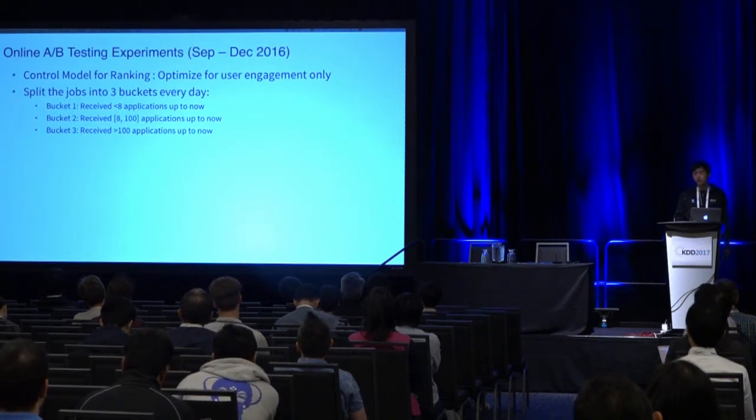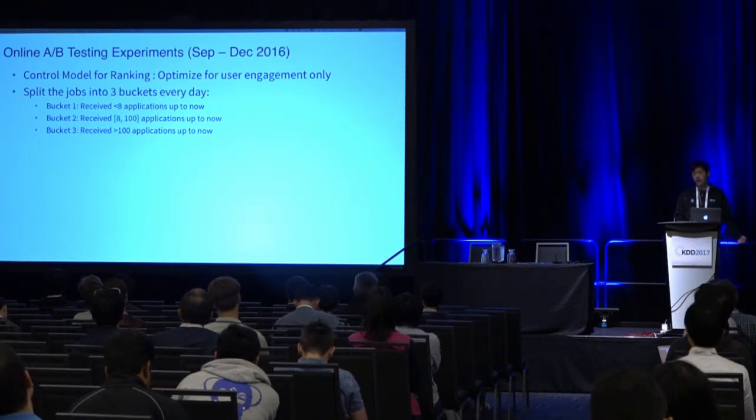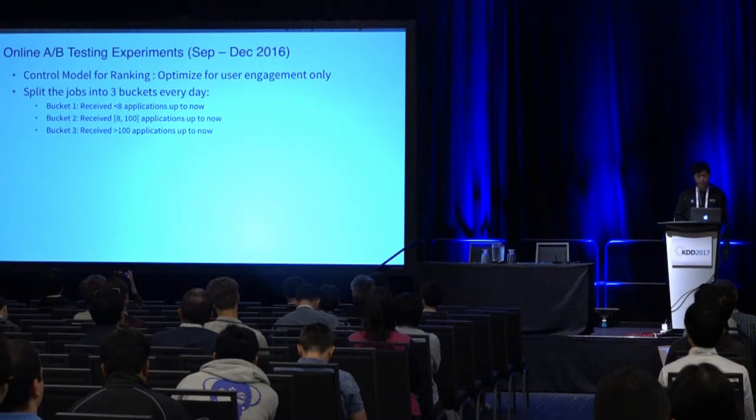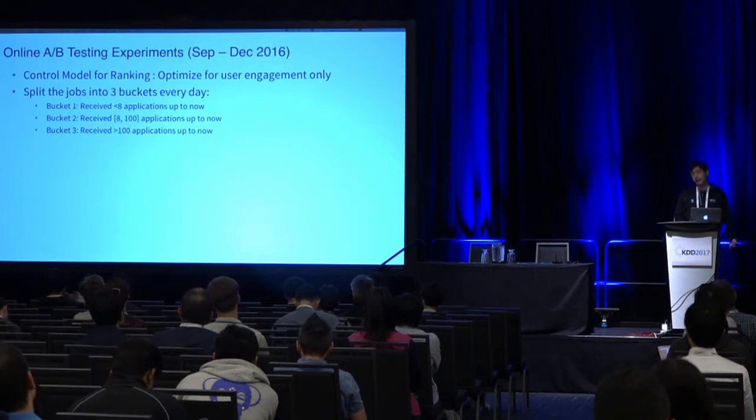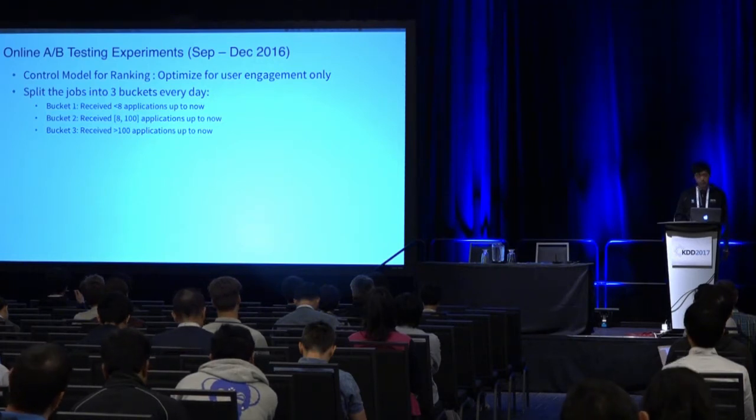Bucket 1 is the jobs that are in danger, meaning that up to now, they have not received enough applications. Bucket 3 is the jobs that have already received more than 100 applications. That means we should stop showing any application to these jobs, or ideally, but practically it won't happen because we still need to guarantee the user engagement out there. And bucket 2 are the jobs that are in the normal range, which we care less about for this problem.